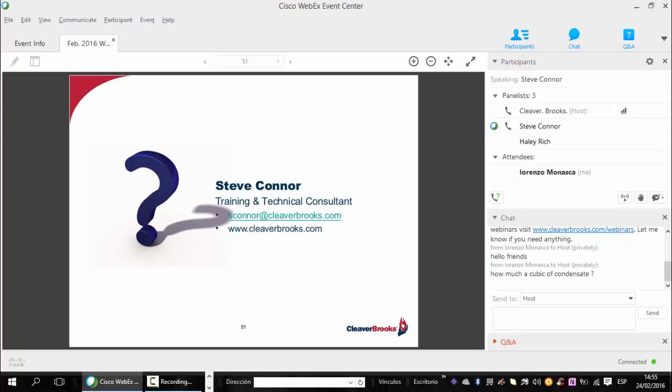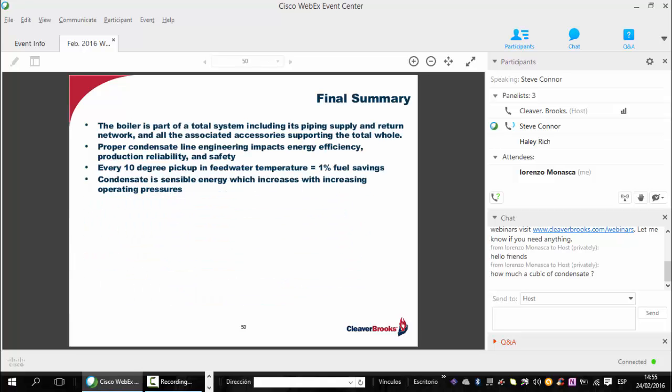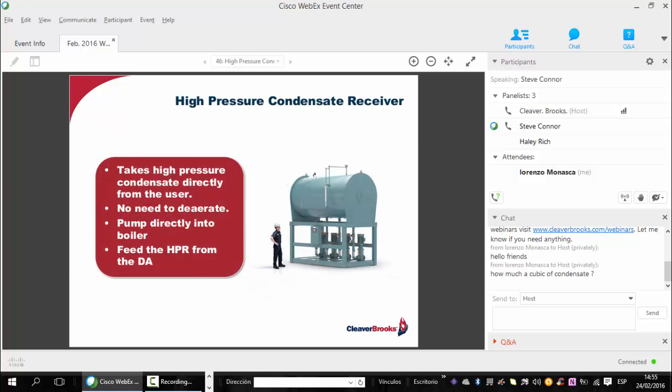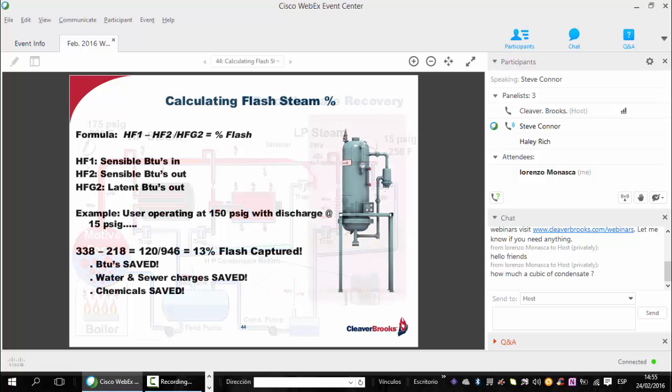Okay, can you briefly review the flash steam calculation again? Yeah, I can. In fact, I think what I'll do is I still have control here. Let me quickly go through this, and I'll go back to this slide. You see the formula up on top: HF1 minus HF2 divided by HFG2.